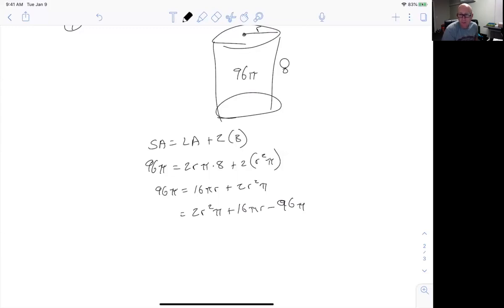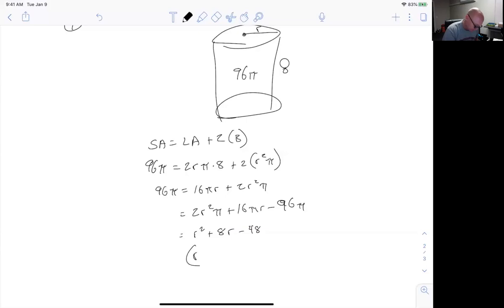That's a common factor in all 3 of these terms. If I take a 2 pi out, I will get r squared plus 8r minus, what's half of 96? 48. So there is my new equation with a 2 pi factored out.